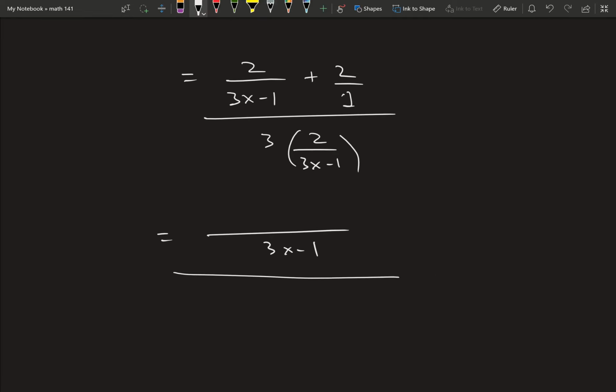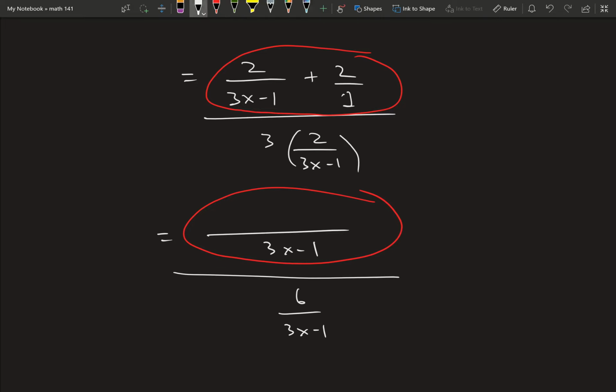In the bottom here, by the way, we have 6 over 3x minus 1. What we're doing right now is adding up these guys. Well, we have a 2 over here because that's already divided by 3x minus 1. Here I have to multiply by 3x minus 1 over 3x minus 1 to get my common denominator. So I have plus 2 times 3x minus 1.